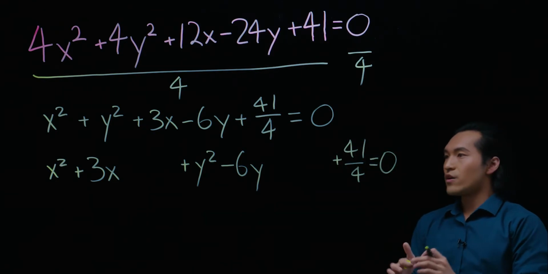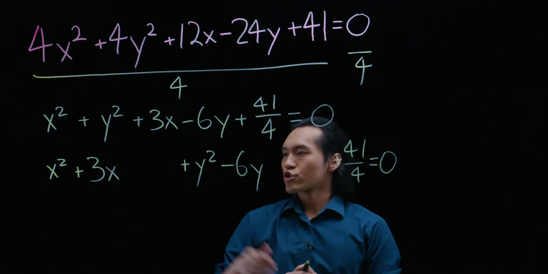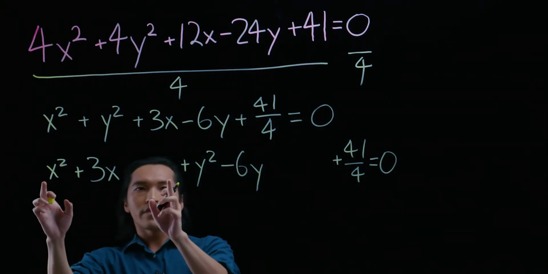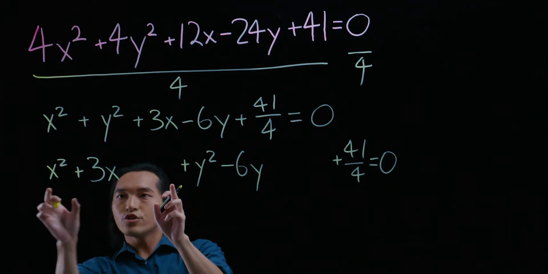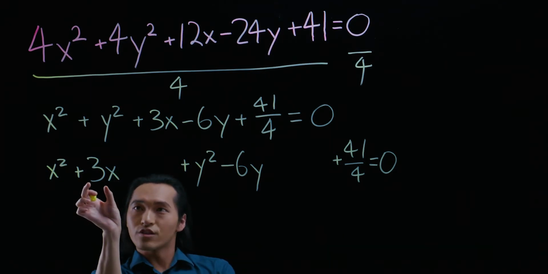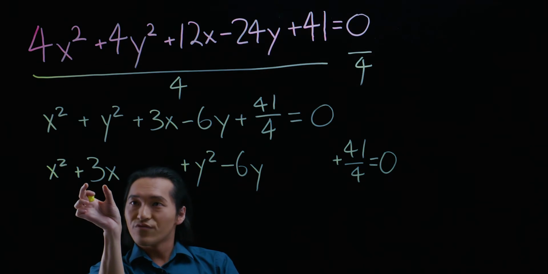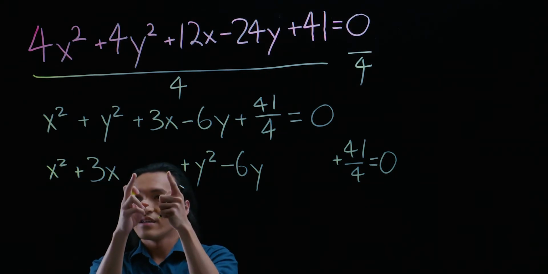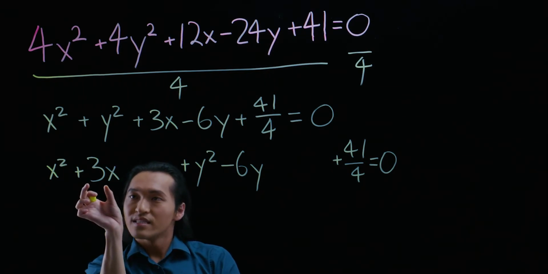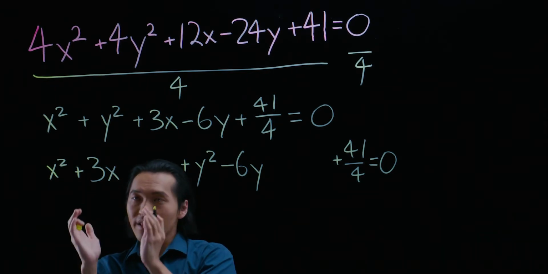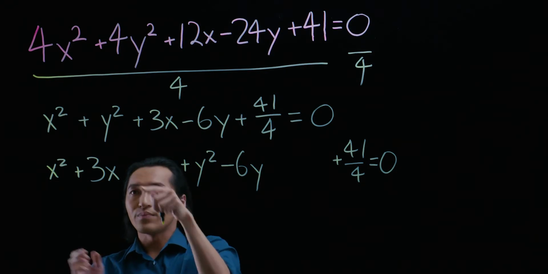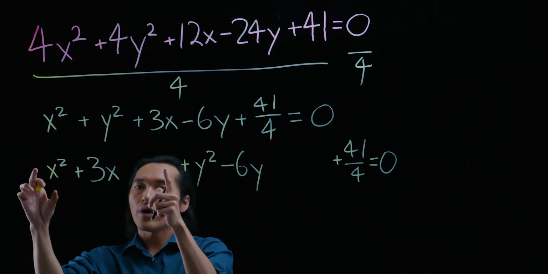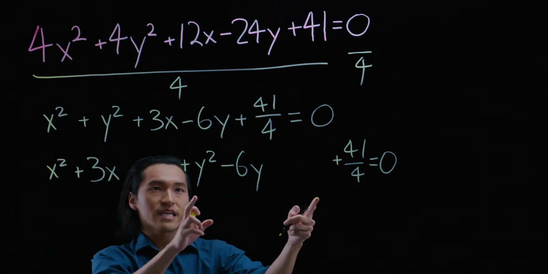Cool. So now, in order to complete the squares, we have to look at these separately. For the x's, we need to take this middle term, this b term, which is 3, divide it by 2, square that whole thing, and add that to the end, because that result gives us the ability to create a perfect square from the x's. And then we have to do the same thing with the y's.